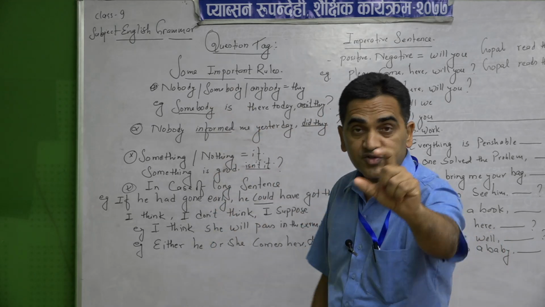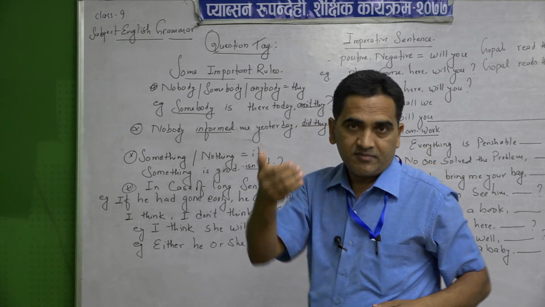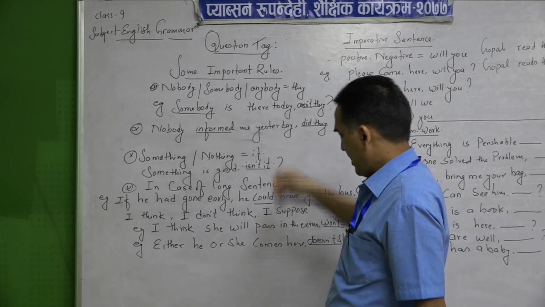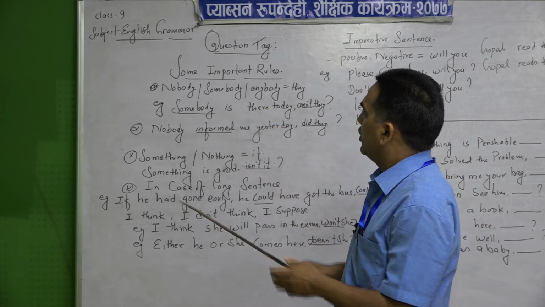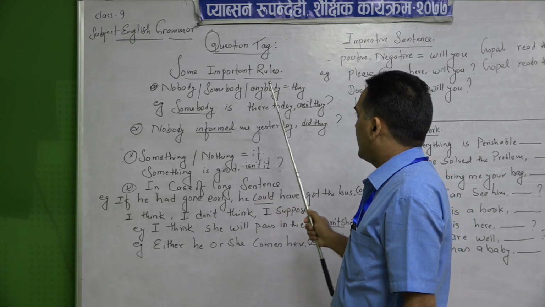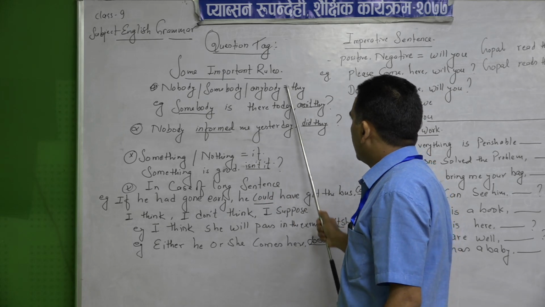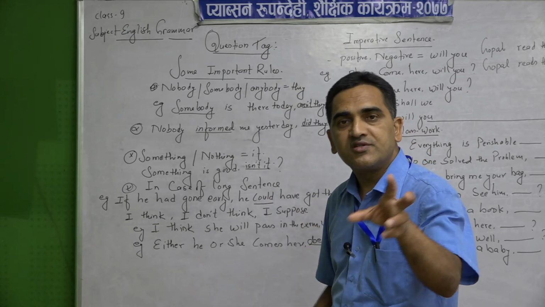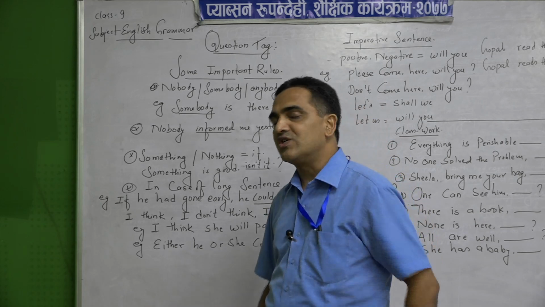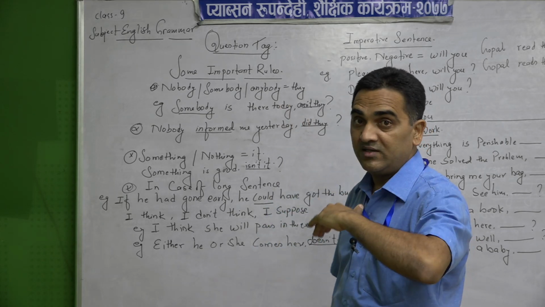When the statement is positive, question tag negative. When statement negative, question tag positive. And another thing, my dear students, when you see these words as a subject in this statement: nobody, somebody, anybody, no one, anyone, they change into they. Their form is plural, meaning singular.